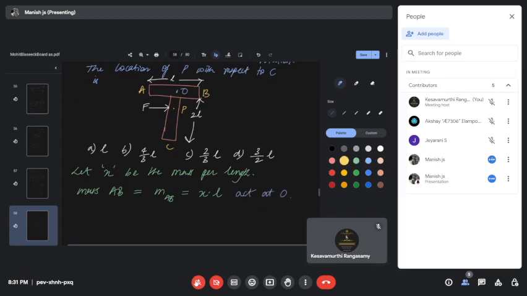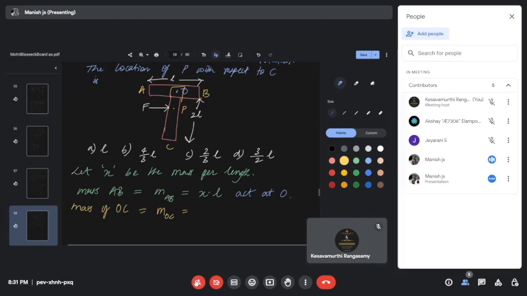Okay. So what is the mass of, say, now OC? So now you have another part also. You will consider OC also as another vertical rod. Okay. So what is the mass of OC? So M OC I will keep.